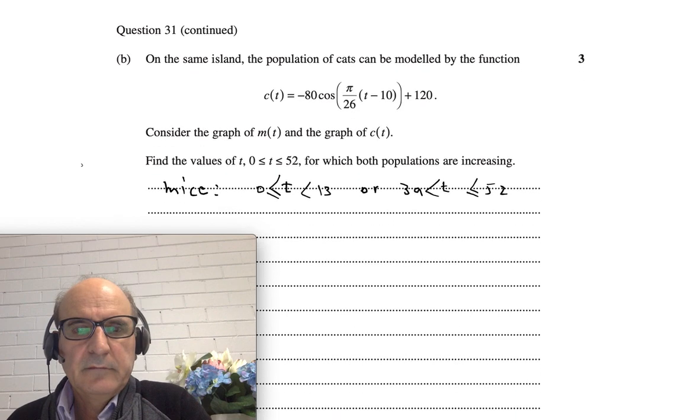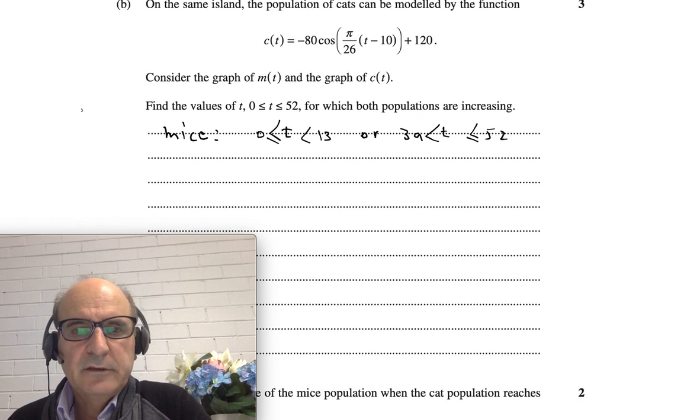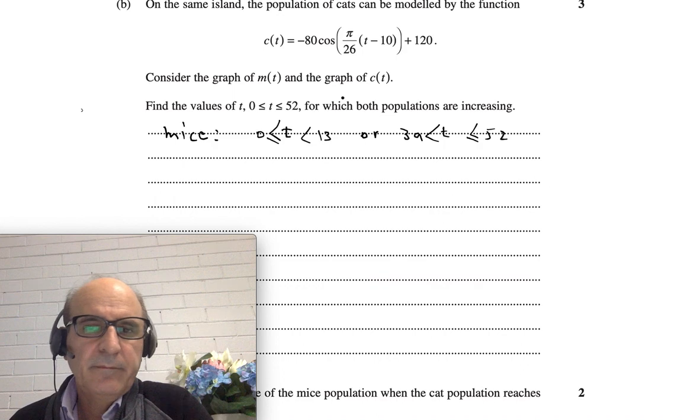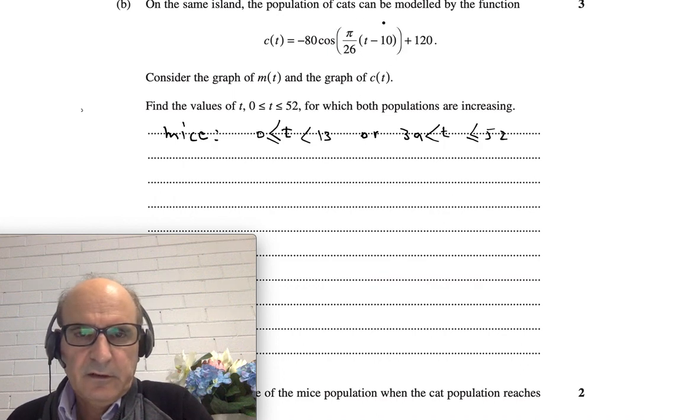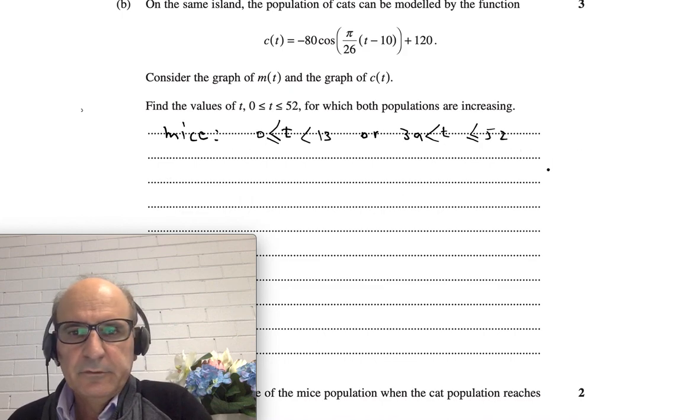But for cats, we got to sketch it ourselves. So this is a cos function. First, we find its period. So that is for cat.